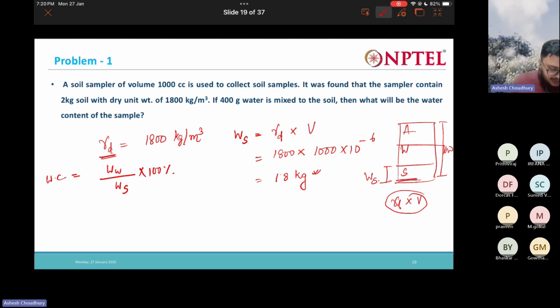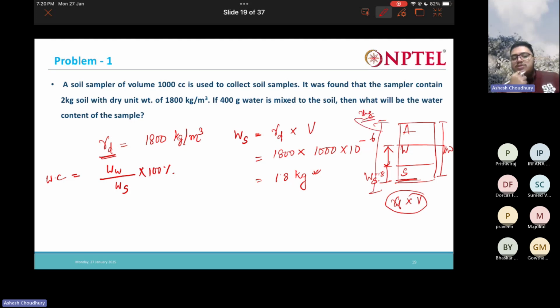Okay, now let us see. If the weight of soil solids is 1.8 kilogram, tell me what will be the weight of water. See the question and tell me. If it was found that the sampler contains 2 kg of dry unit, so this total weight is 2 kg.